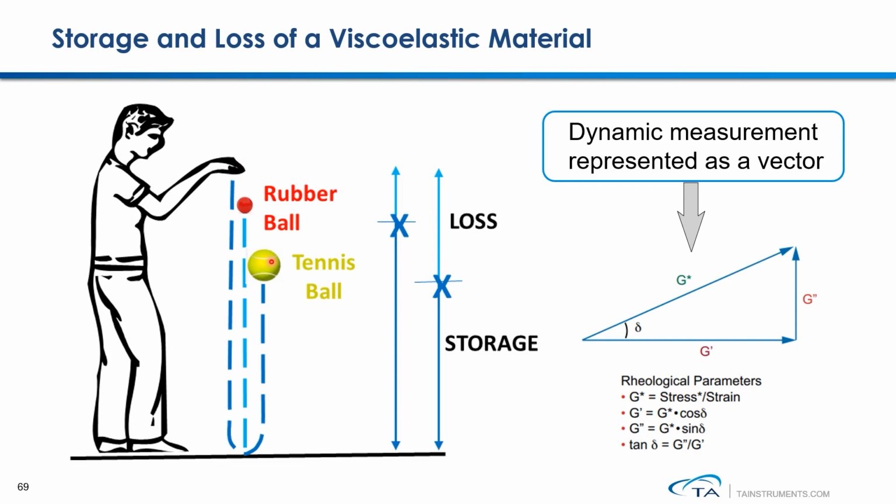How much energy was lost as heat during this bouncing action. But mathematically, storage and loss modulus follow this triangle relationship, and the phase angle is defined here. Tangent delta is defined as the loss modulus divided by the storage modulus.